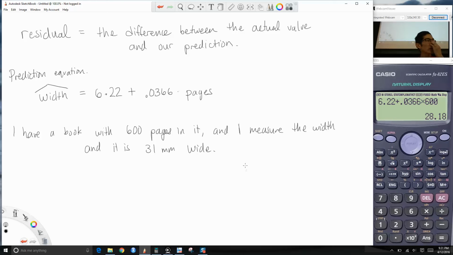So my actual data point is x equal to 600 and y equal to 31.